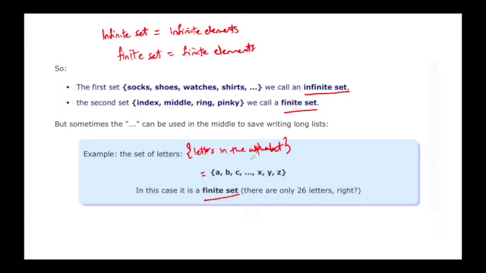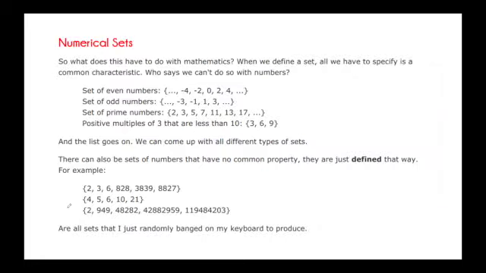But if you're not feeling to write out all 26 letters, they start the alphabet here, write dot dot dot to show that it continues on, and then they end it here to show that it has an ending, to show that it is a finite set. Yeah, it's only an infinite set that you can start at A, B, C, dot dot dot and leave it open like that. You'll do that for an infinite set, right? But for a finite set, you probably want to show the ending to show that it's finite. So I hope you guys understand the difference between a finite and an infinite set.